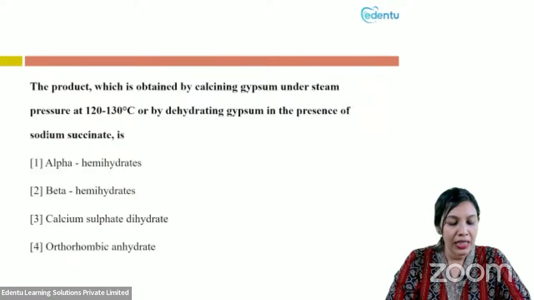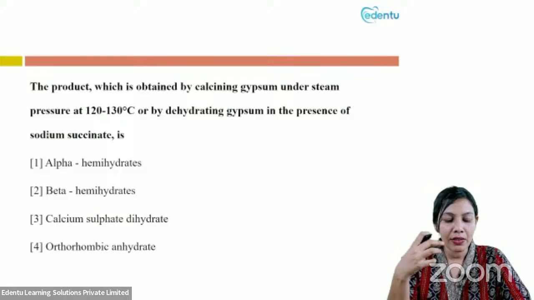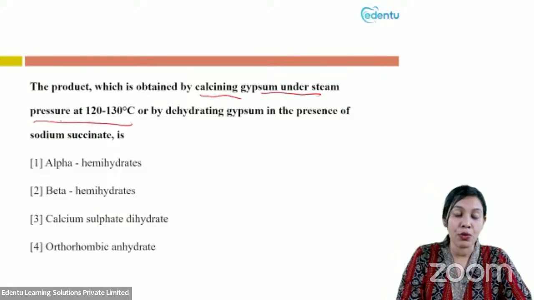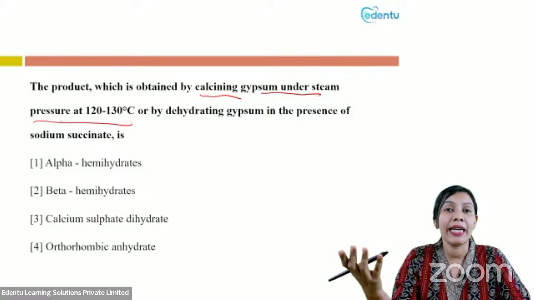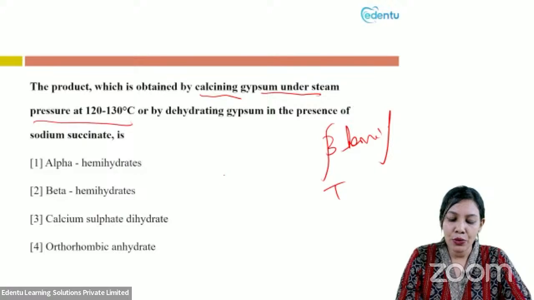Next question: just think and answer by yourself. The product which is obtained by calcining gypsum under steam. So it is steam, not an open kettle. If it was an open kettle and open air, it would have been beta hemihydrate, the type 2 gypsum product, or the plaster of Paris.